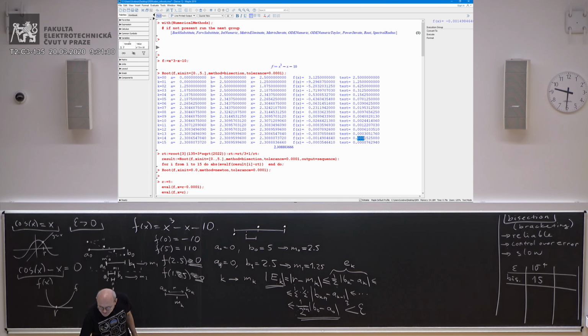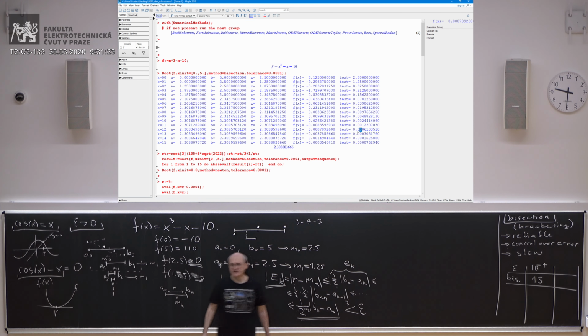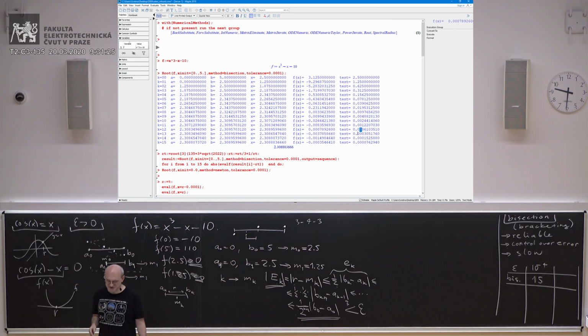And when we look at it, how many iterations did it take to improve our precision by 1 digit? That's a good question. And we can see over here in these 3 rows that it took 3 iterations. And then we got a new digit. Here it took 4 iterations, then we got a new digit. Then 3 iterations. So it went like 3, 4, 3 iterations to get new digits.